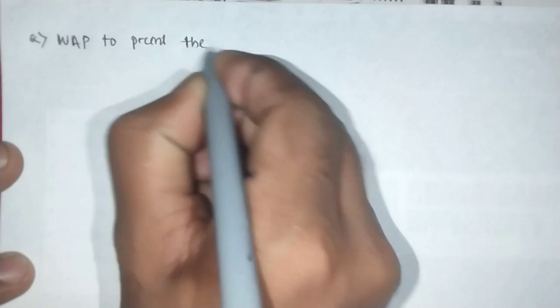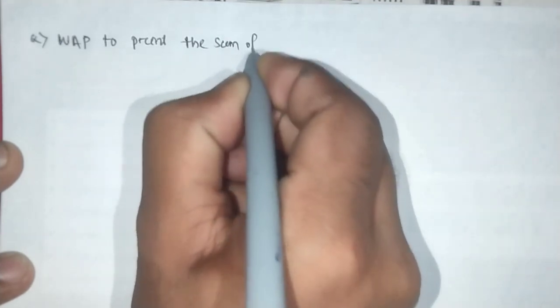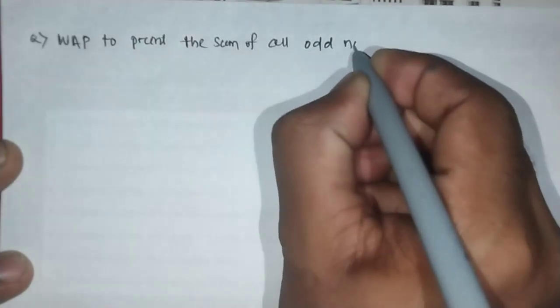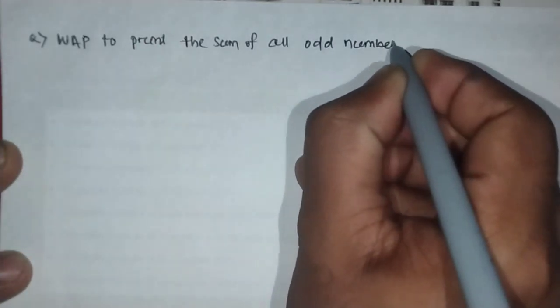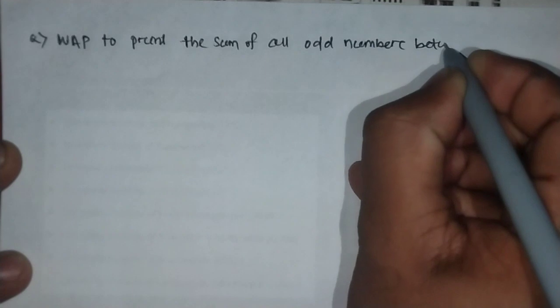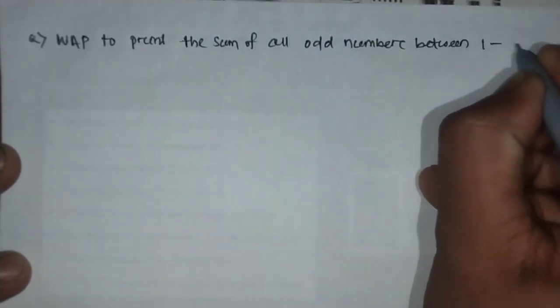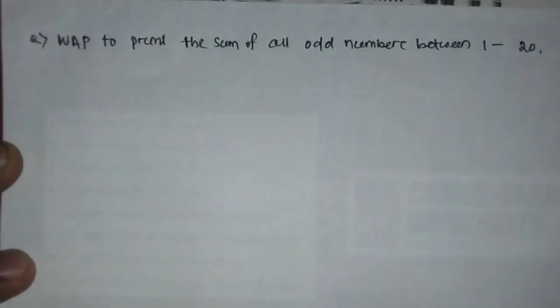Write a program to print the sum of all odd numbers between 1 to 20.